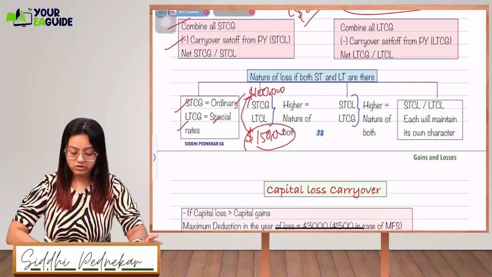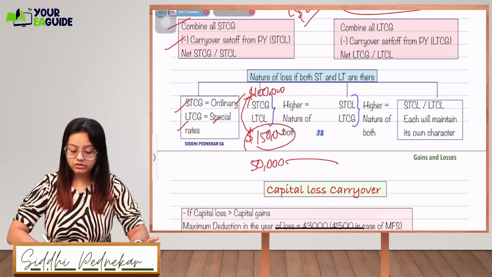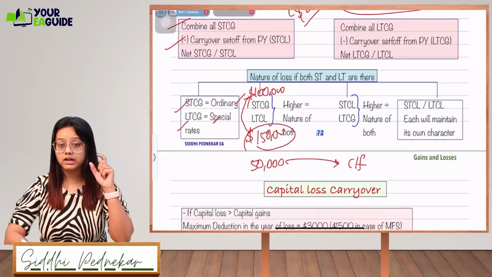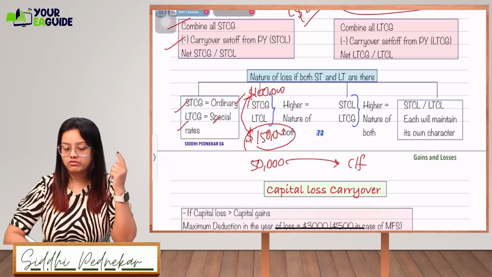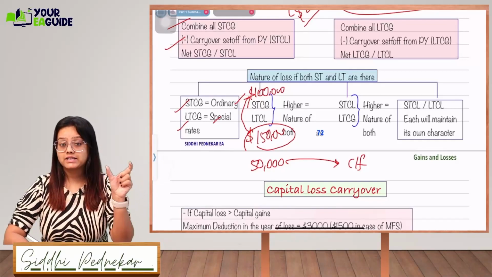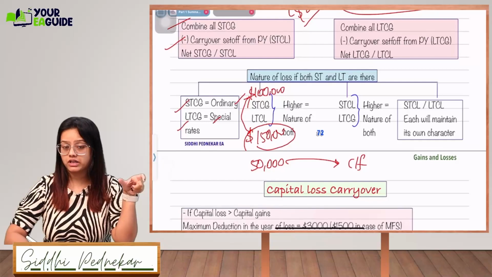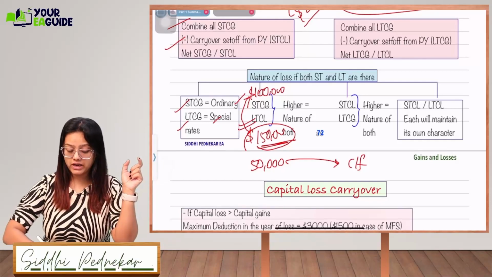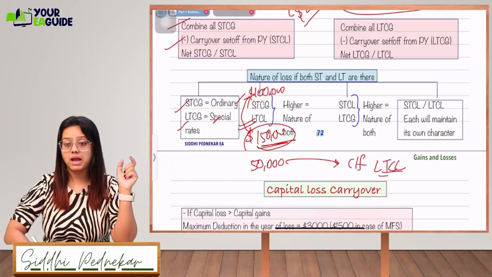Can I say now the remaining 50,000 you have, when you carry it forward, what will be the nature of this carried forward? Whatever is the higher number, you don't have to check what is positive, what is negative. What is the highest number? 1 lakh is the highest or 1,50,000? 1,50,000 is the highest. So what is the nature of this 150? It was long-term. So when you carry it forward, the nature will be long-term capital loss.